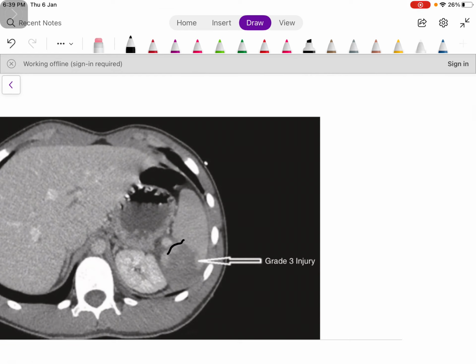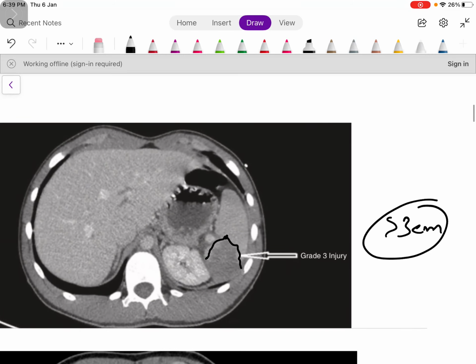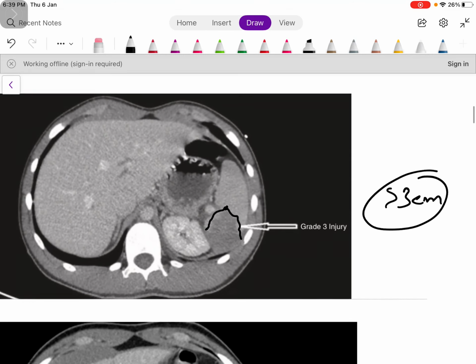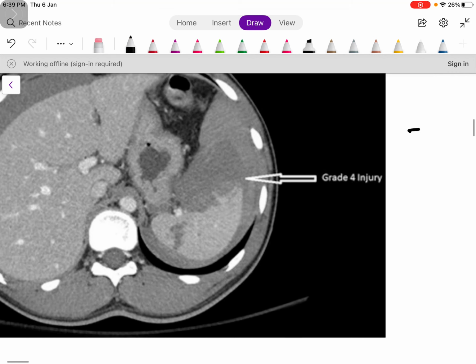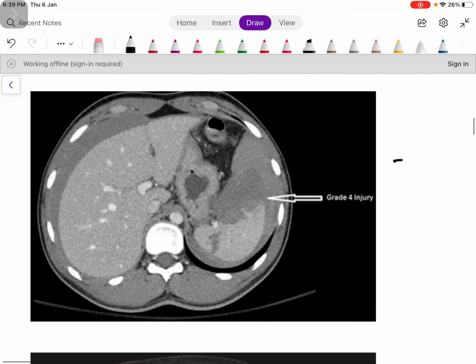Then there is a huge laceration here, more than 3 centimeters, so this is a grade 3 splenic injury. Then here the injury is very severe. You can see a blood collection around the liver, while the liver looks normal.